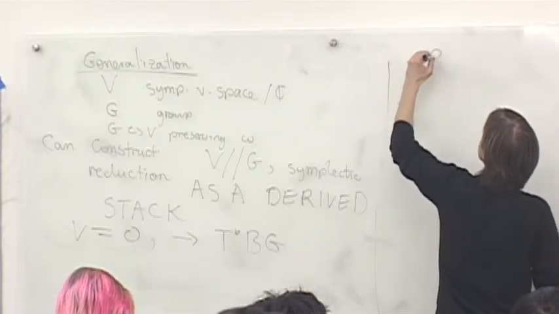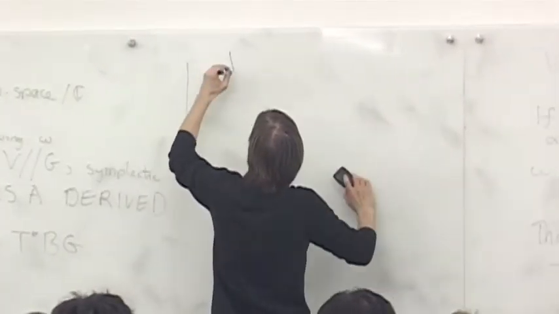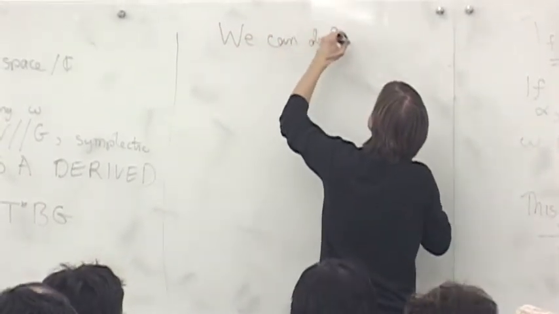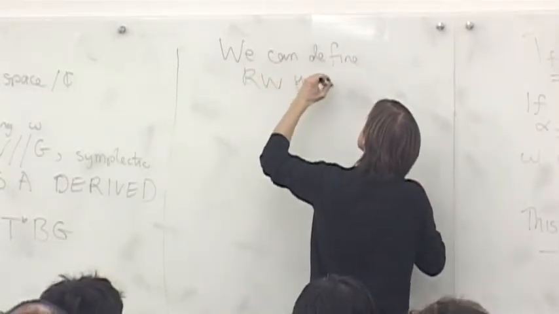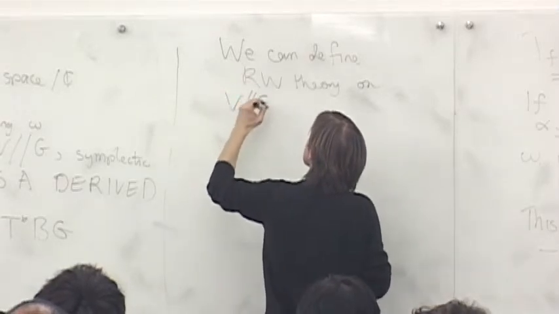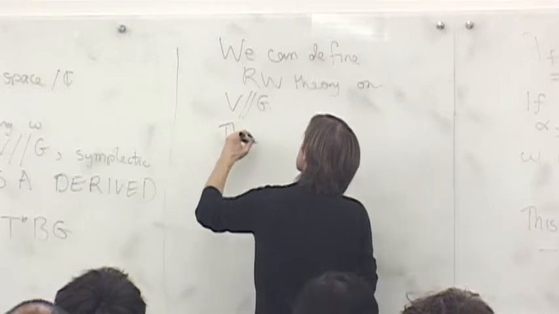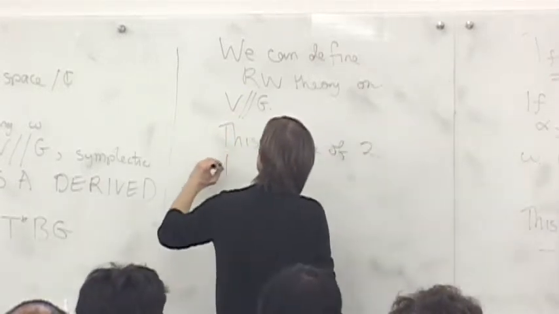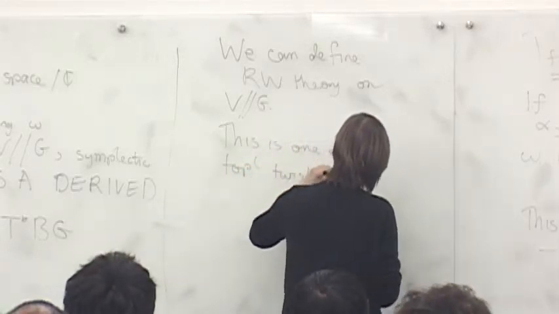Then we can define Rozansky-Witten theory on this quotient. And it turns out, as I will say in a minute, this is one of two topological twists of N=4 gauge theory.